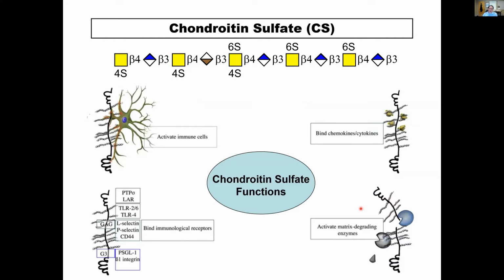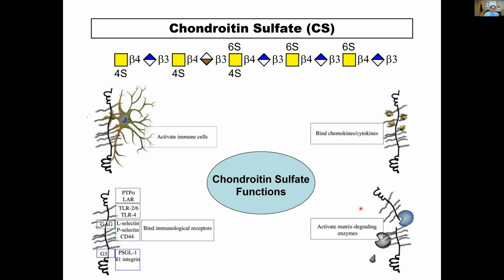Not only does chondroitin sulfate act as a shock absorber in our joints, but it also interacts with many different factors, whether cytokines, growth factors, matrix degrading enzymes, or different receptors on the cell surface.